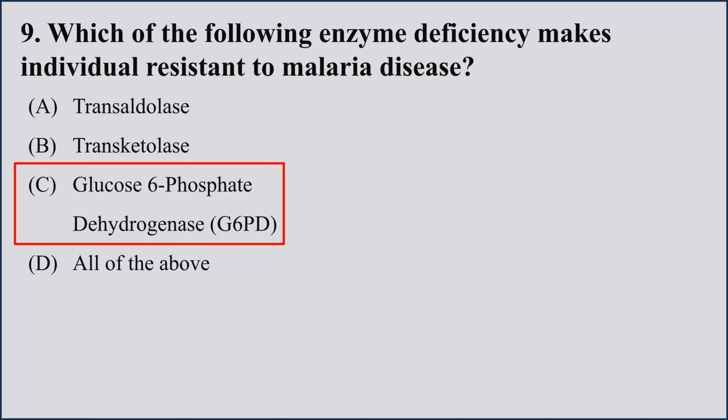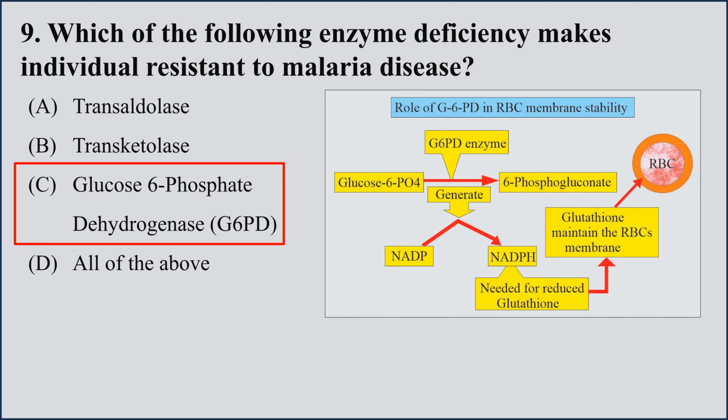How does the individual get resistance to malaria disease when this G6PD enzyme is deficient? What is the reason behind it? The G6PD enzyme acts in the first reaction of the pentose phosphate pathway, where glucose 6-phosphate is converted into 6-phosphogluconolactone. This generates NADPH from NADP, and as I previously explained, NADPH reduces oxidative stress by reducing glutathione, and glutathione then maintains the RBC's membrane.